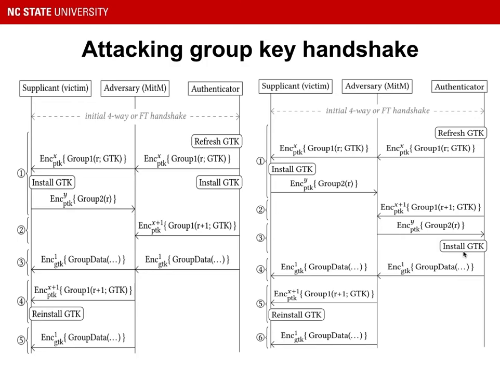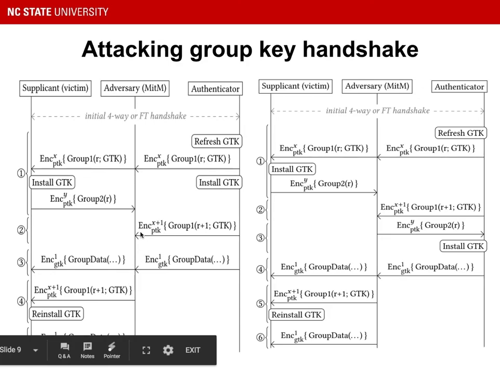On the right, the AP actually waits for all the clients to send a reply, in this case message 2 here, and only when the AP receives all the replies from the clients will it install the GTK.